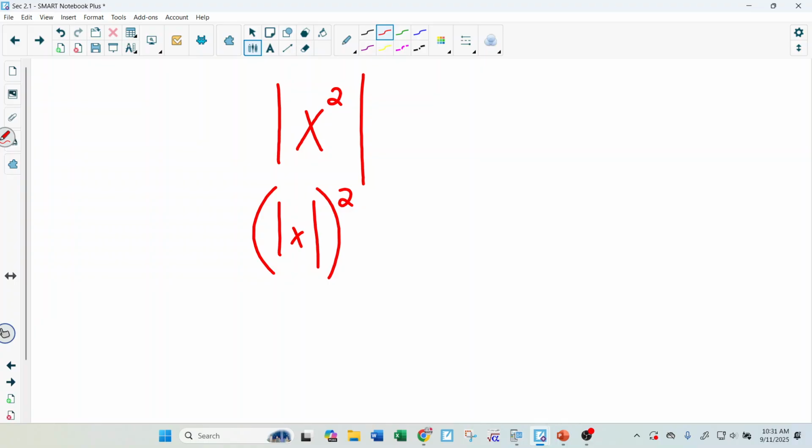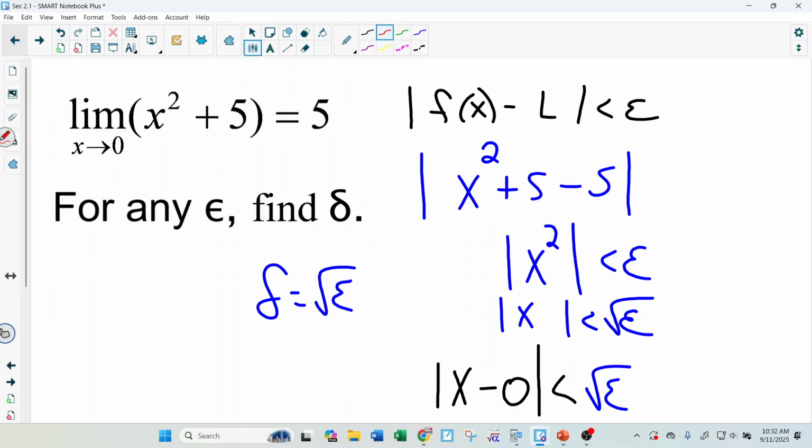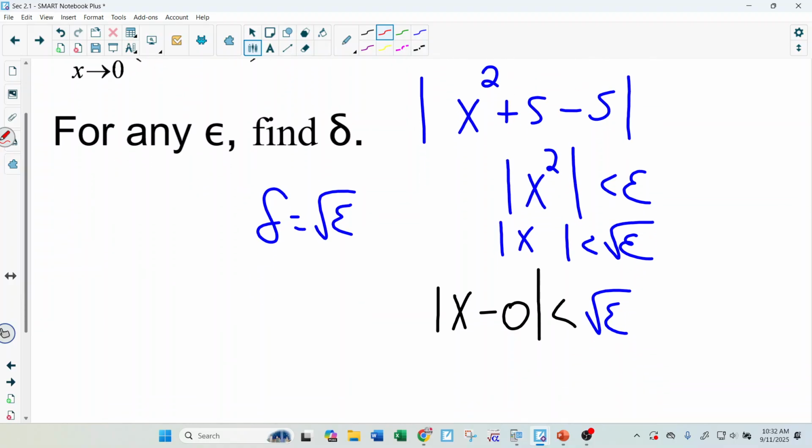We're only using real numbers. So if you square any number, it's going to be positive, so you don't really even need the absolute value. And if you take the absolute value of anything and square it, it's still the same thing. So yes, we can take the square root of that, and it works out. And so we get our delta is equal to the square root of epsilon.